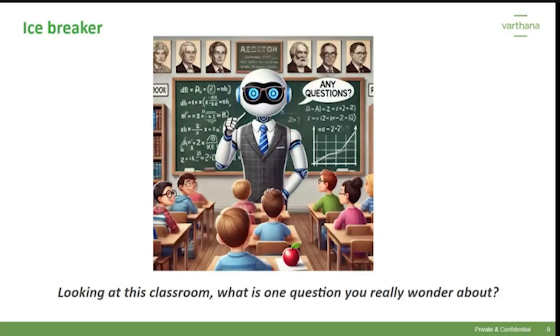So when learners create their own questions, they begin to take ownership of what they want to learn. Like when you were saying, why is the teacher looking like a robot instead of a human? You are trying to understand why there is a change in it. Why not a teacher, not an actual human being? You want to understand what is happening over there.